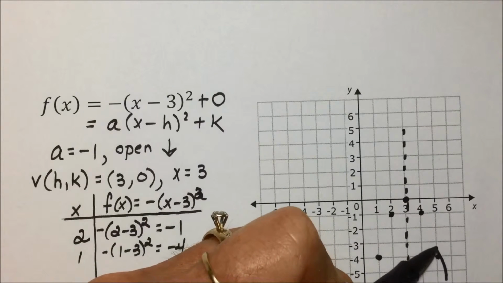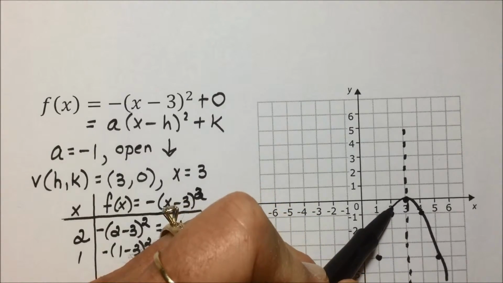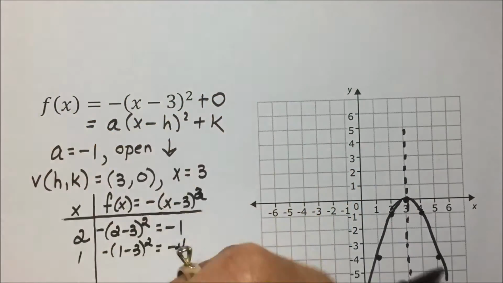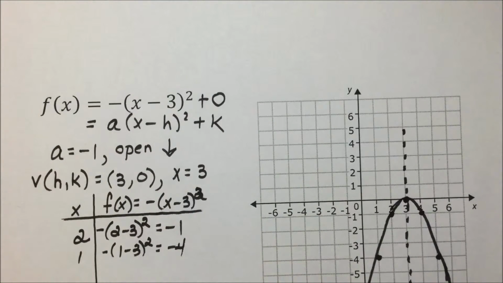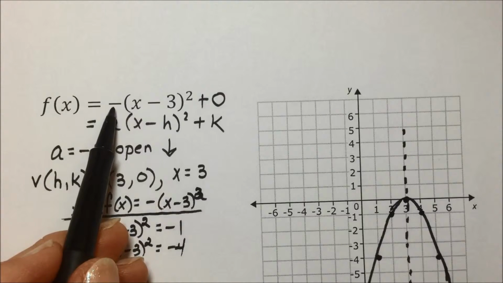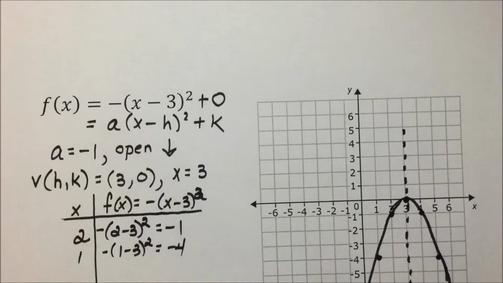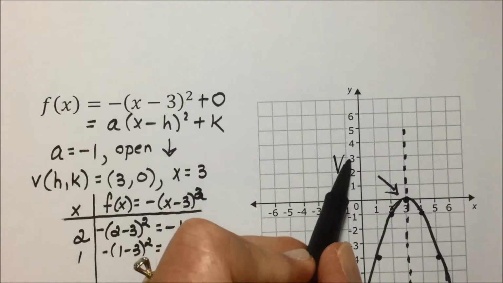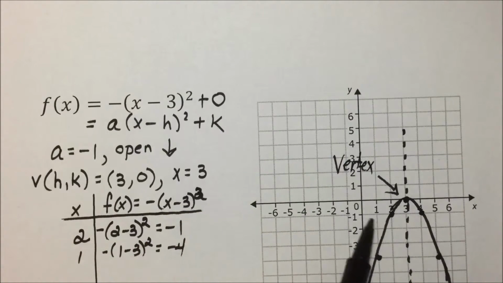And connecting those in a smooth curve, we have exactly the same parabola shape that we had in the previous one, with the exception that it is opening downward because of the negative 1 coefficient on it. Here is our vertex, already identified at the coordinate (3, 0).